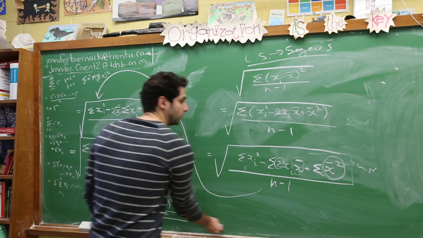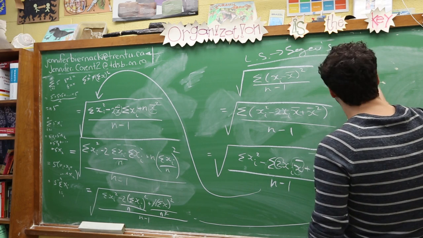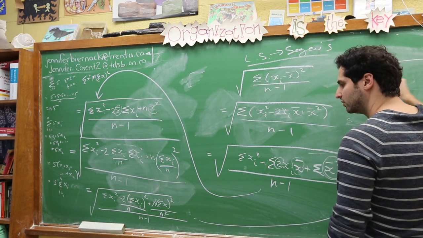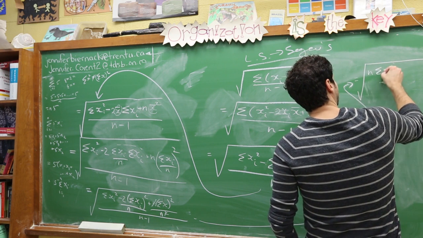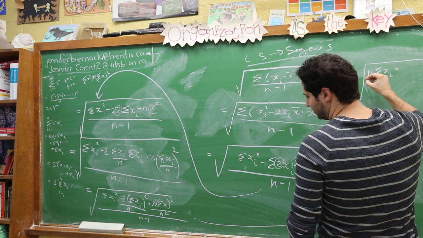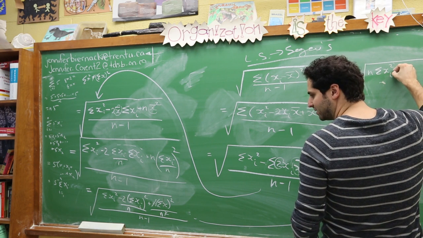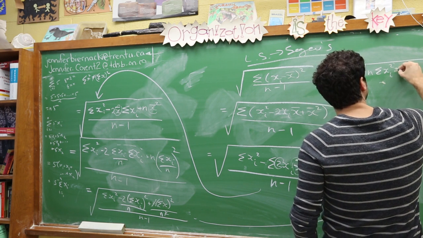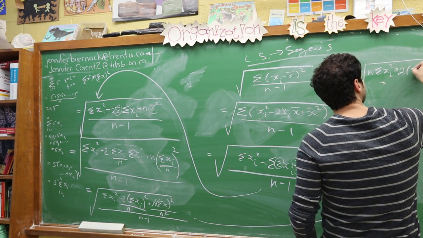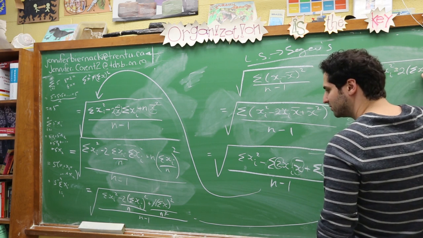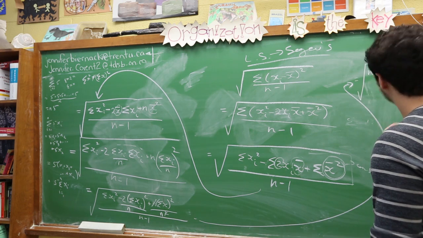So we're going to go all the way over here. So we are going to get n sum of x. I don't really need to do the sub i's, but just so we fit, minus 2. Is he still talking? Is he still talking?